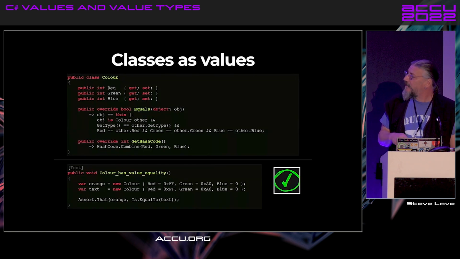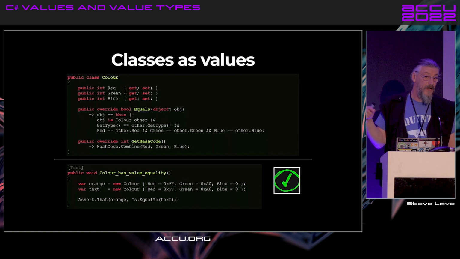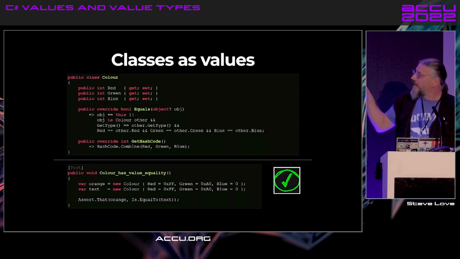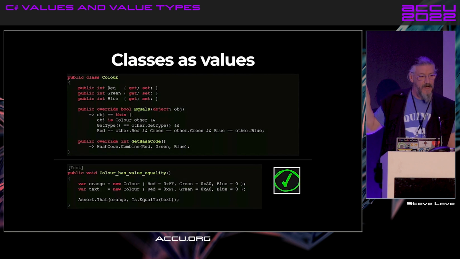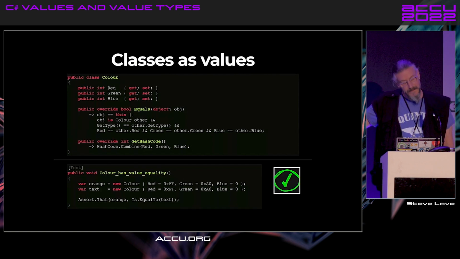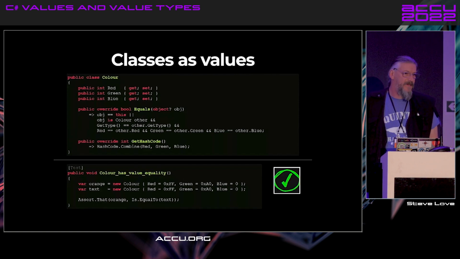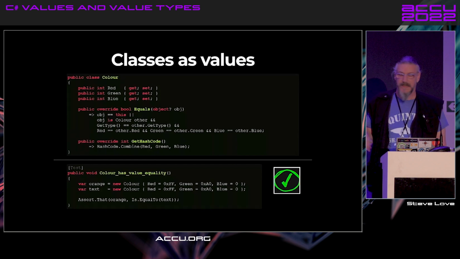So if obj is a Color or a type that derives from it, and is not null, by the way, then other becomes a variable of type Color and is effectively upcast to that correct reference.